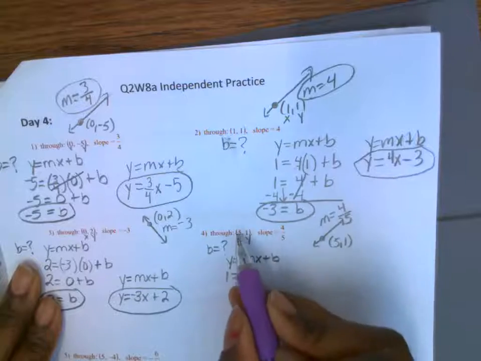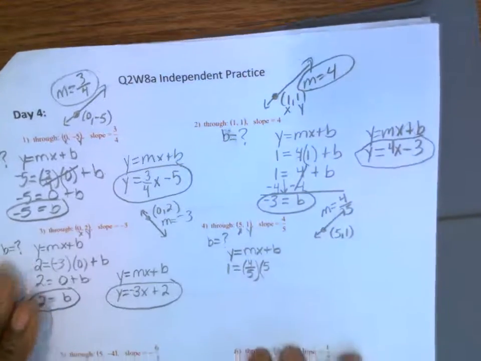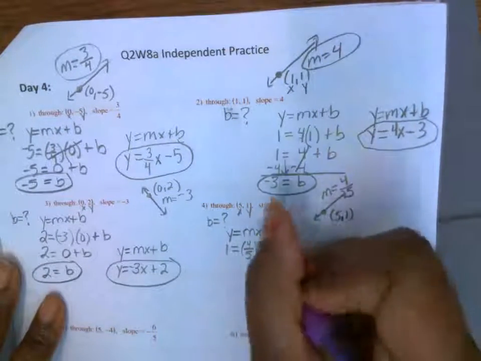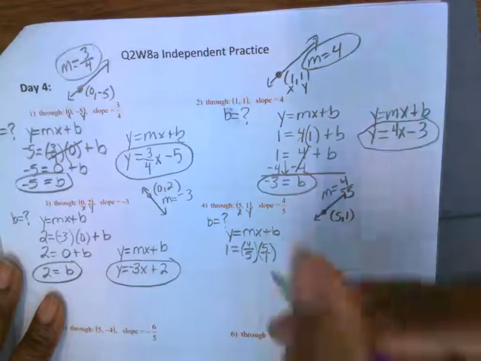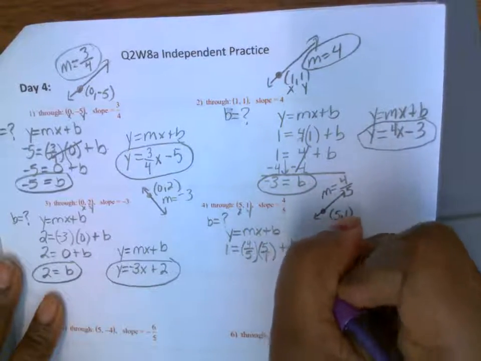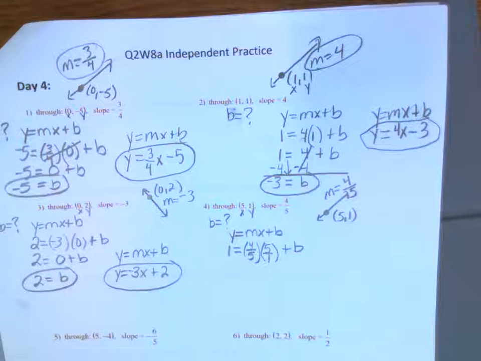Your x is 5, so I'm going to write 5 as a fraction. To write the whole number 5 as a fraction, you put a 1 under it, and then bring down the plus b. Please look at that to make sure that you understand. All I did was substitute.